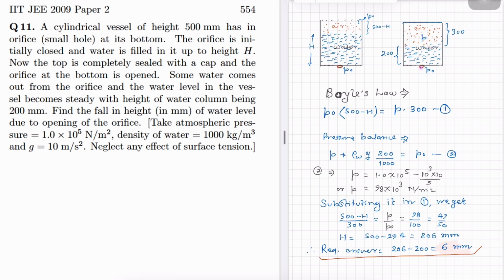If it so happens that pressure of air plus water pressure is just balanced by P naught, which is atmospheric pressure below the hole, then there will be no flow of water. That can be easily understood by Bernoulli equation, right? If this pressure plus rho g h is equal to P naught, then there will be no flow of water. So that is the condition we have to apply.